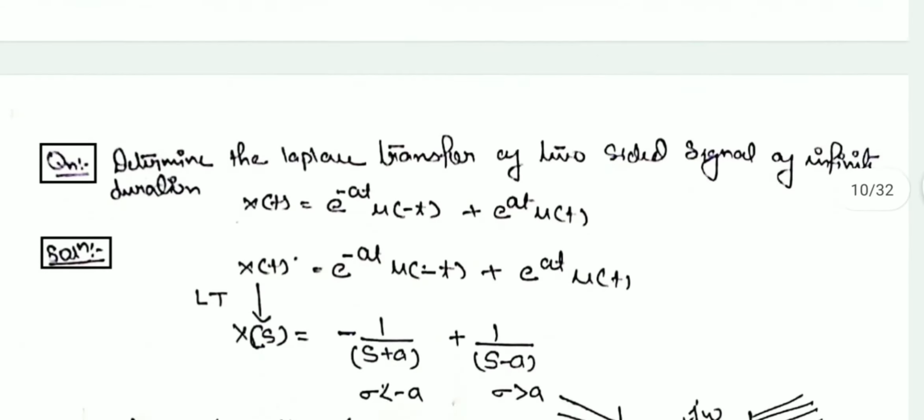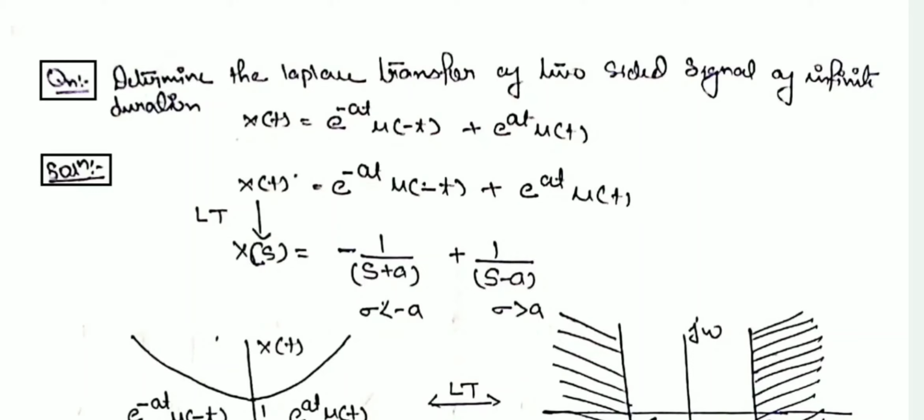Now, in the same topic, we have also discussed the left-sided signal, right-sided signal, and two-sided signal, and now again the two-sided signal, but having no common ROC. Okay, our next signal is e to the power minus at u minus t and e to the power at ut.